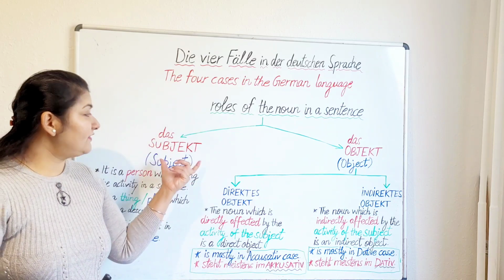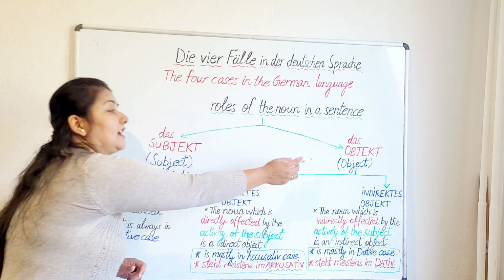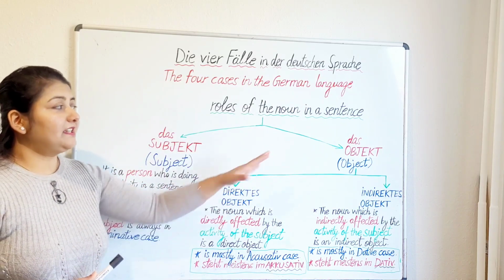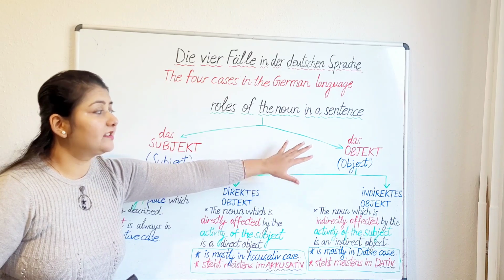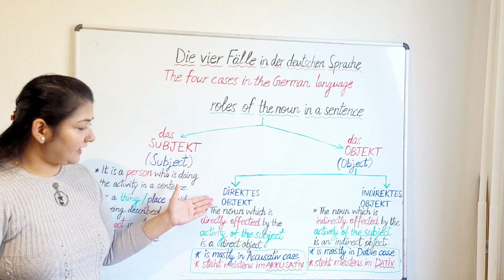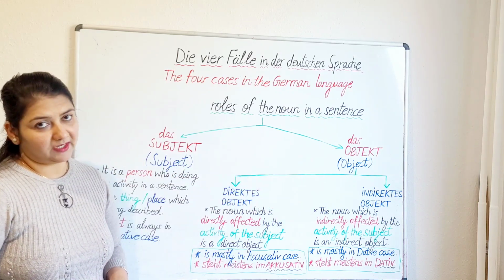So, the activity of the subject is always received by the object, right? Now, the recipient, that is the object, can be subdivided into two categories: direktes Objekt oder indirektes Objekt.